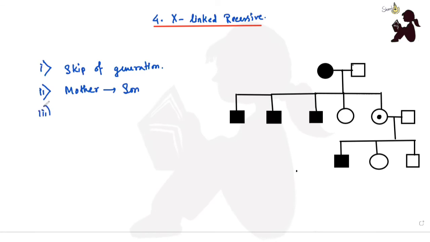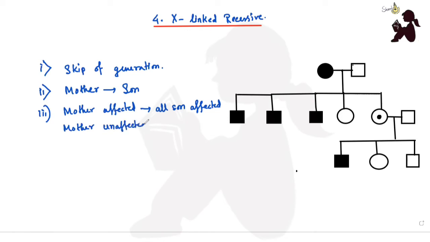When the mother is affected, all her sons will be affected. And when the mother is unaffected but she is a carrier, then the chance of her son being affected is 50%.